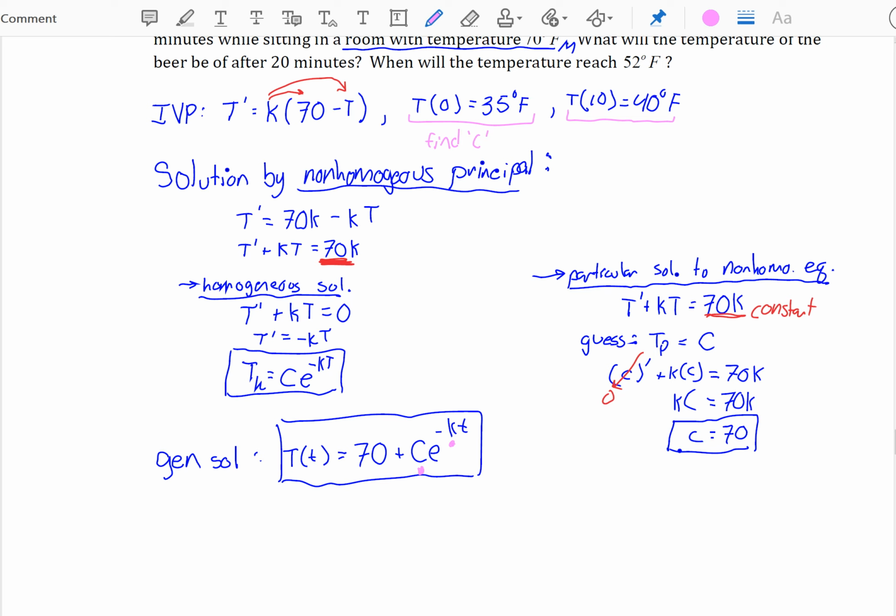This is what we use to find k. Now, I'd like you to pause the video again because this is going to follow the same algebra we did on our previous example. I'd like you to pause the video and go figure out what your constant c and your constant k are. Please do this, and I'll see you back here in a moment.